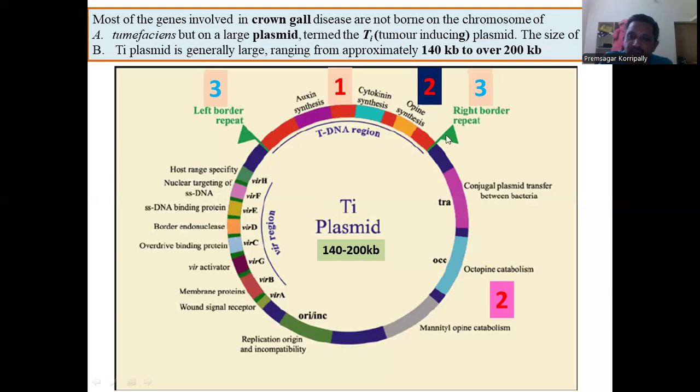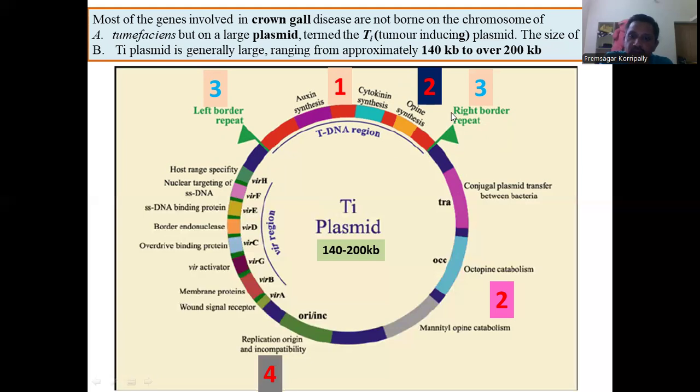So the 5 prime right border of the single strand T-DNA is very important. VirD2, which has a nuclear localization signal, binds here and helps in the transfer of T-DNA from the bacteria to the plant cell.